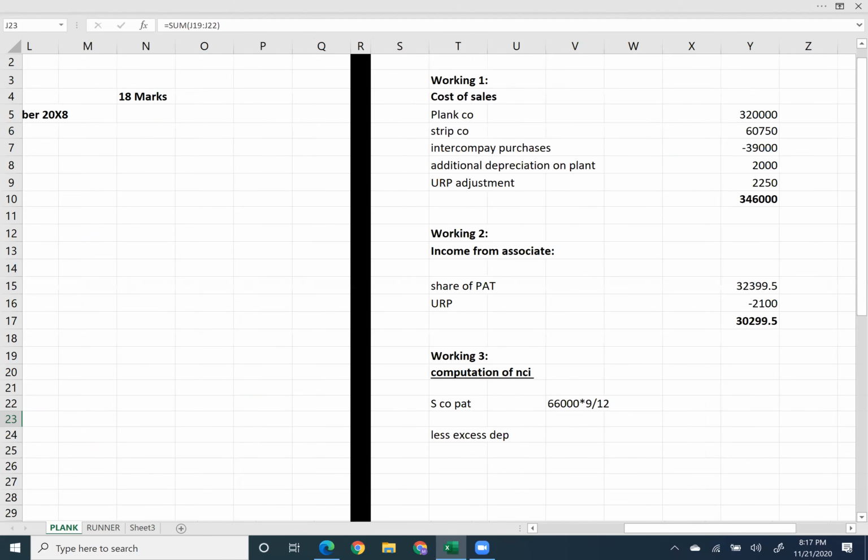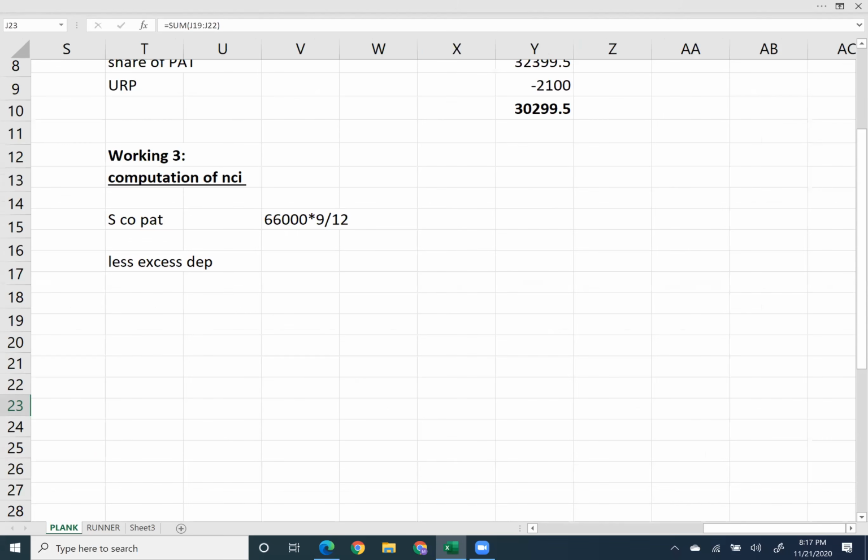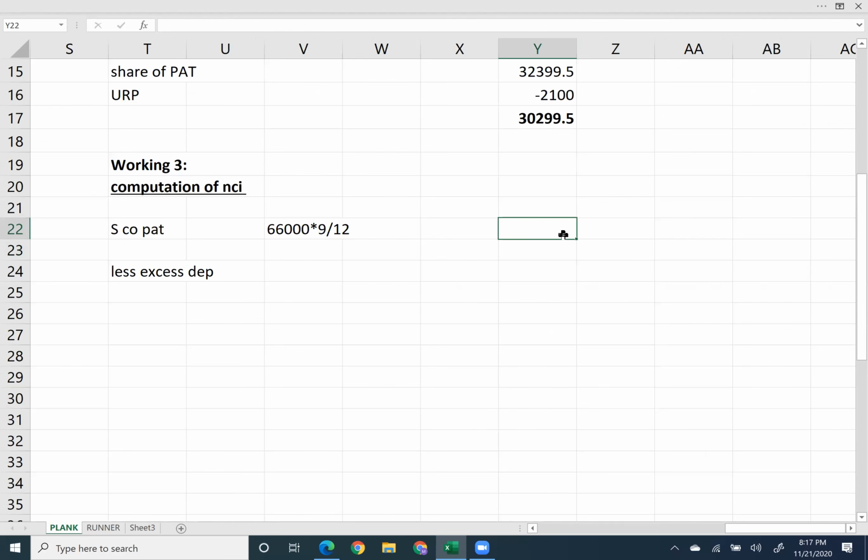As the income statement is a for-the-year thing, the income statement NCI is also a for-the-year thing. The subsidiary company was with us for only 9 months, so we'll simply apportion the S company's profit after tax, times 9 upon 12.